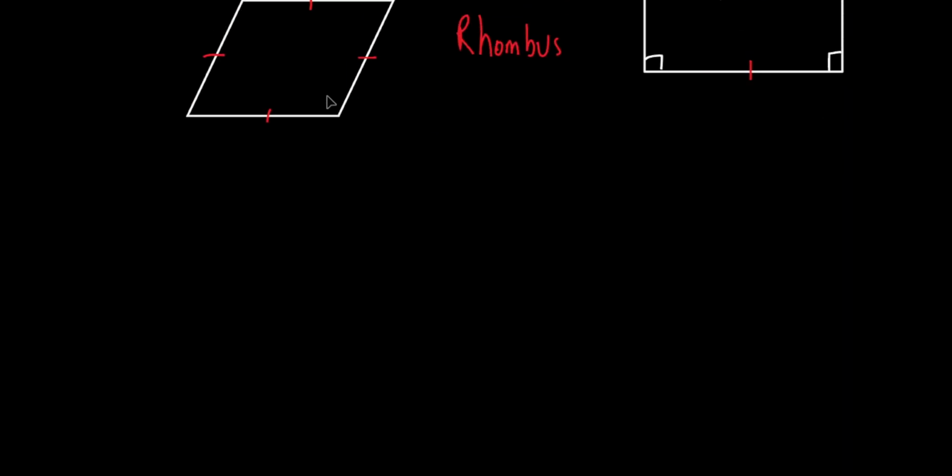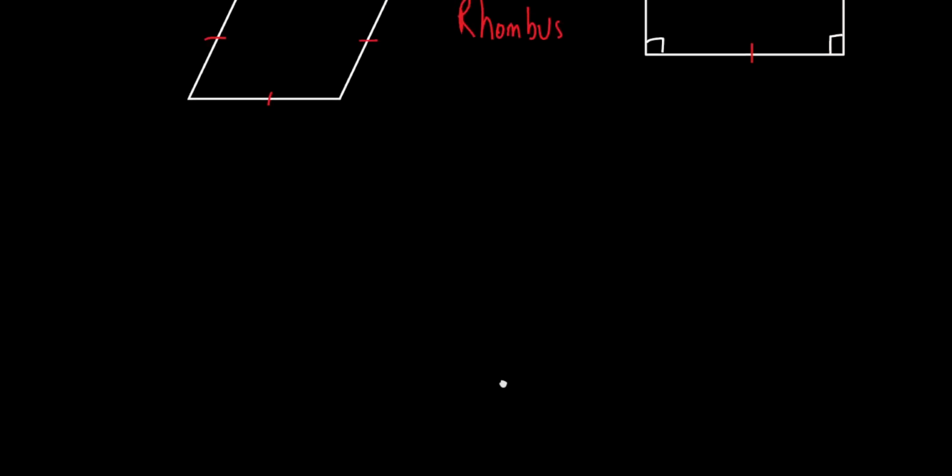Let's do one more of these. Now we're done with parallelograms for right now anyway, okay? We're done with parallelograms. This next thing is not a parallelogram. All right, let's see if I can draw this. And let's do this. Let's copy and paste.